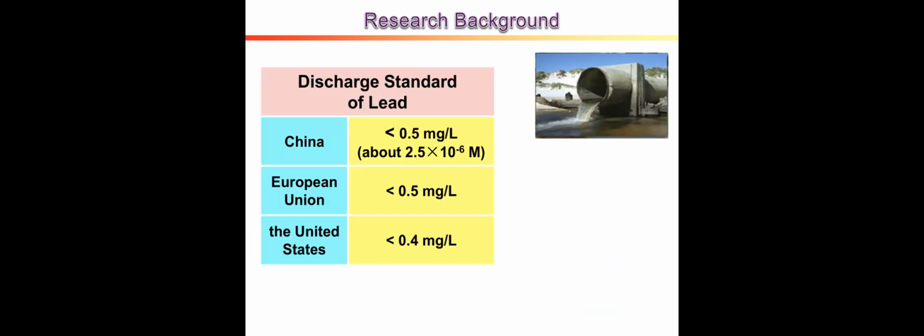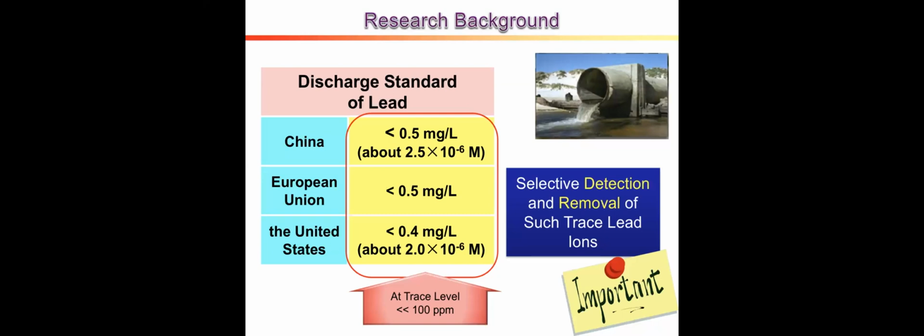It's the famous drinking water pollution, even in China and in the USA, because drinking water in America has been found with lead ions at higher concentrations than the safety standard. The discharge standard of lead is very low, at a trace level of 100 ppm, so selective detection and removal of such trace lead ions is very important.